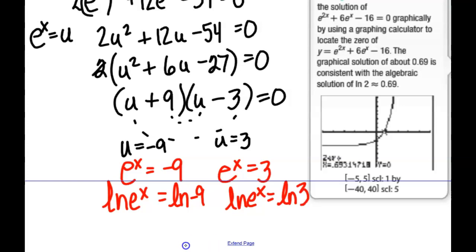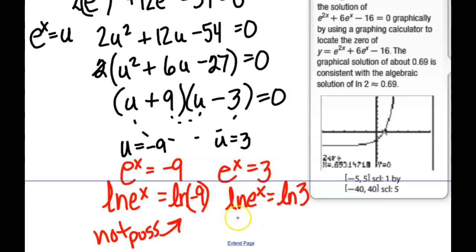Anybody see a problem here? Can you take the log of a negative number? No. So what do we get to do with all this? Just garbage, doesn't work, can't do it. I'll write a note here, not possible to take the log of a negative number, so we're done with that side.